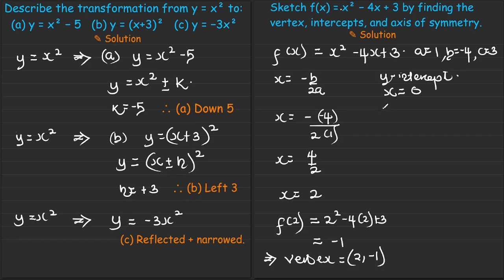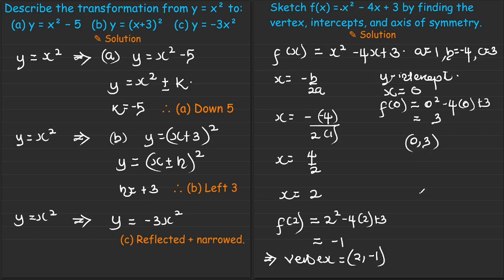If x is equal to 0, then we find f of 0, that is the function when x is equal to 0. So we have 0 squared, then minus 4 into bracket 0, plus 3. That gives us 3. So our y-intercept is simply what? 0, 3. This here is our y-intercept.